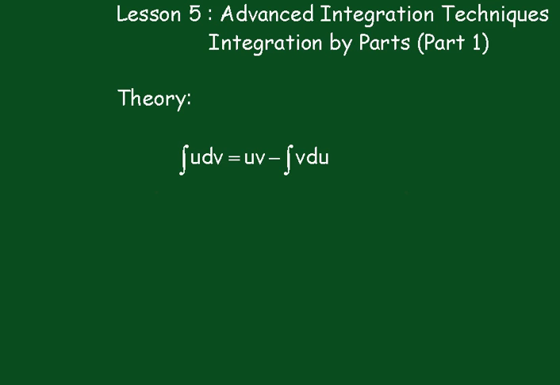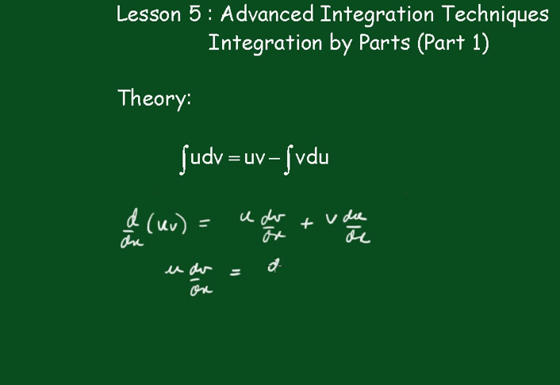Now we'll prove that result. First of all, we'll start with d/dx of the product uv, which will be equal to u dv/dx plus v du/dx. Therefore, u dv/dx must equal d/dx of uv minus v du/dx.